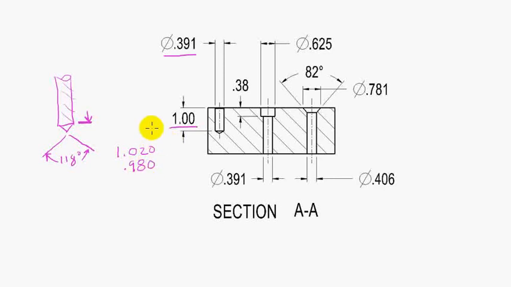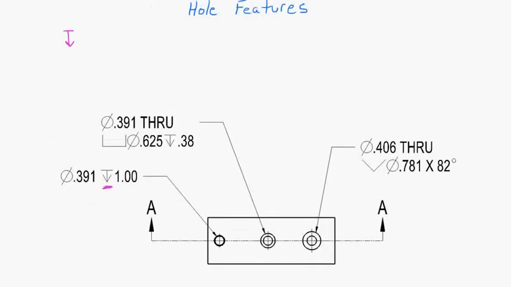That's if this was a plus or minus 20 thousandths block tolerance on there. So for a drilled hole, the depth is to the full depth. So that's 0.391 diameter, 1 inch deep, and that was this callout right here.